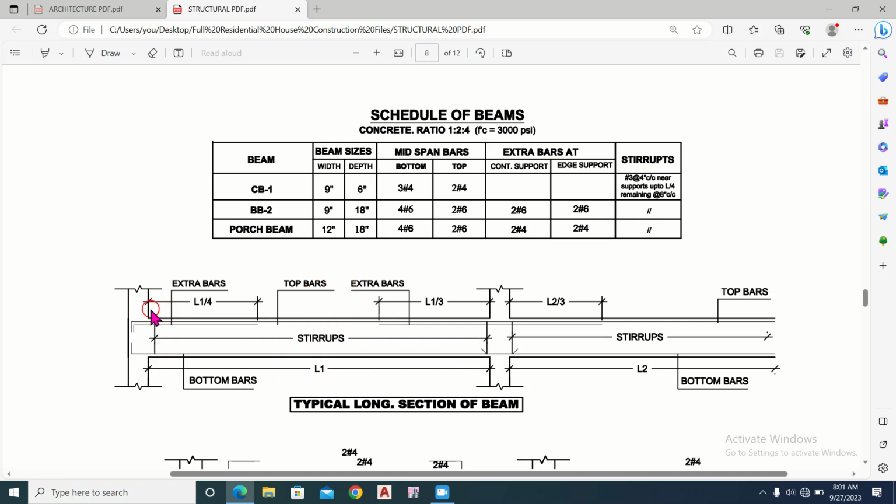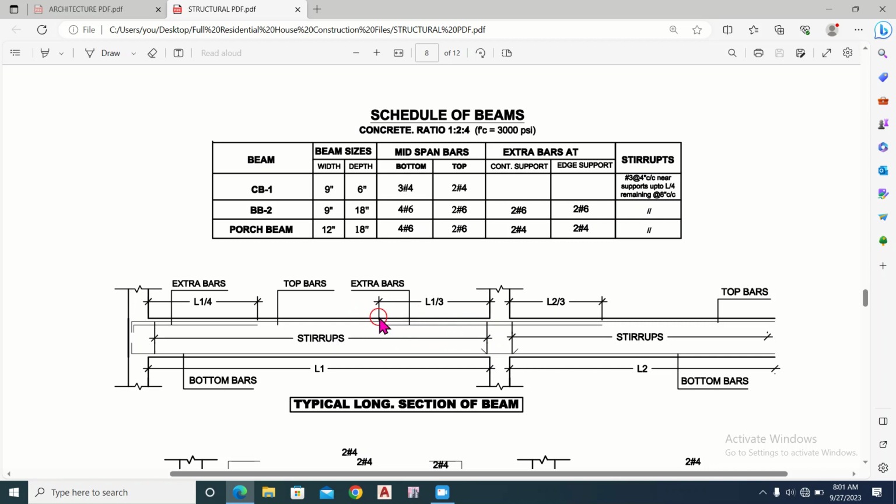So at the edge we have to take L by 4 to provide the top extra bar, and at the continuous support we have to provide the length L divided by 3, that is L by 3, as the length of the negative reinforcement at the top.